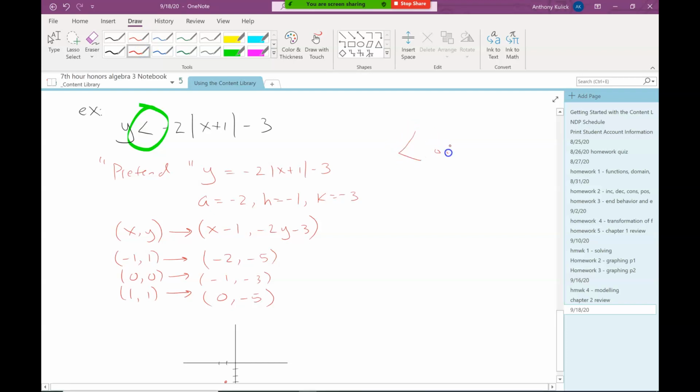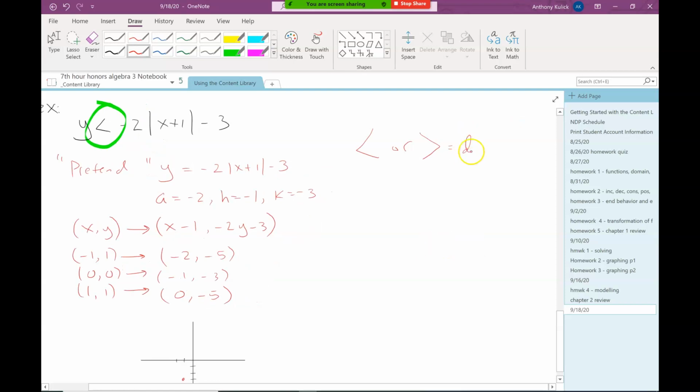So if I have a strict inequality, so either a less than or a greater than, I'm going to use a dashed line. And if I had an or equal to inequality, I'm going to draw a solid line.